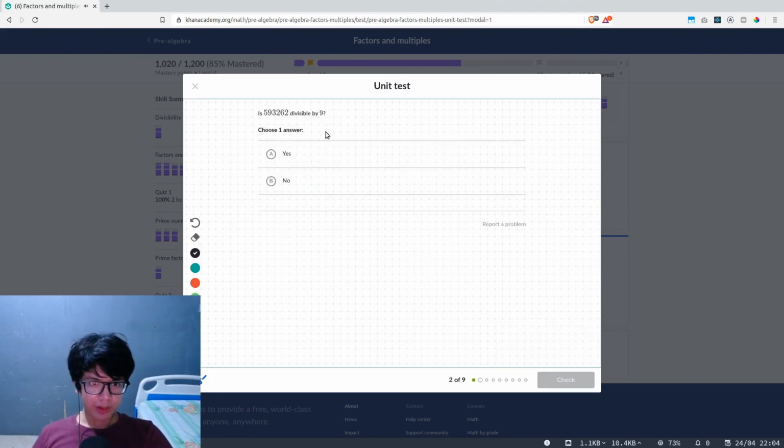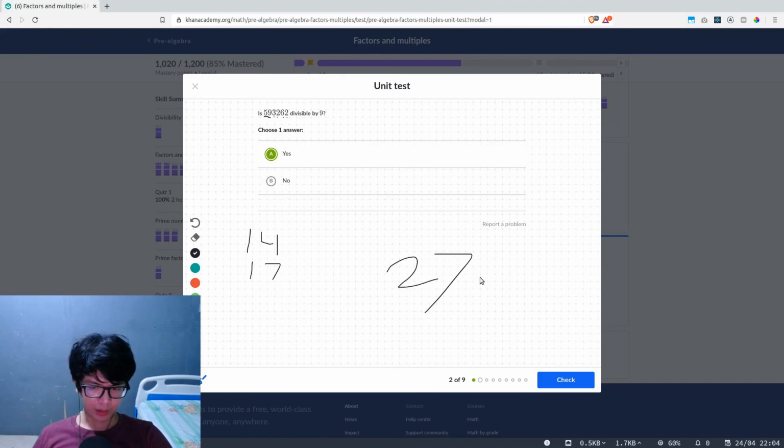It's divisible by 9. Okay, cool, let's see. 5 plus 9 is 14. Plus 3 that's 17. Let's just do this in this way. 14, 17, 18, 19, 25, 27, yes. 27 is divisible by 9.